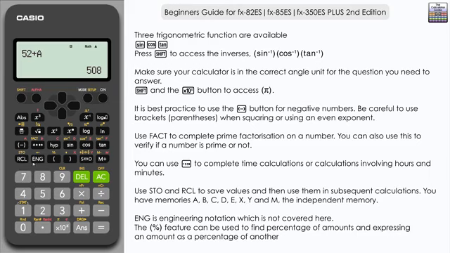ENG here refers to engineering notation. I'm not going to cover that here, but we will have a look at the percentage button, which we can use for working out a percentage of values or expressing an amount as a percentage of another. So for example, if I wanted to find 28% of 900, 28 shift percent times 900 equals, and here I have the result 252.